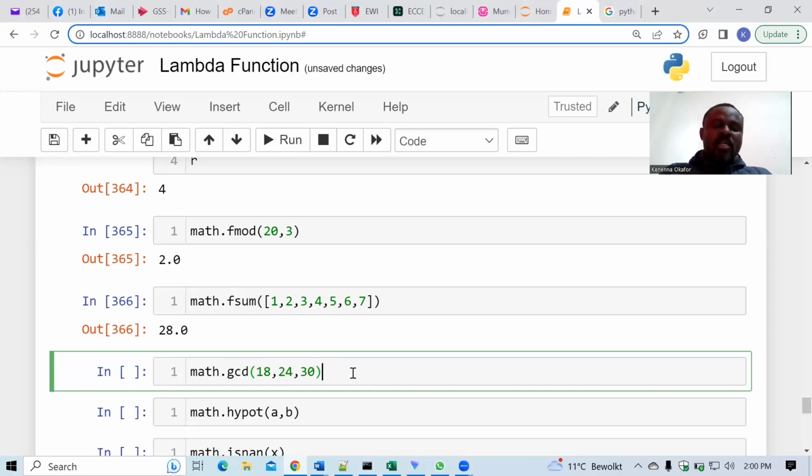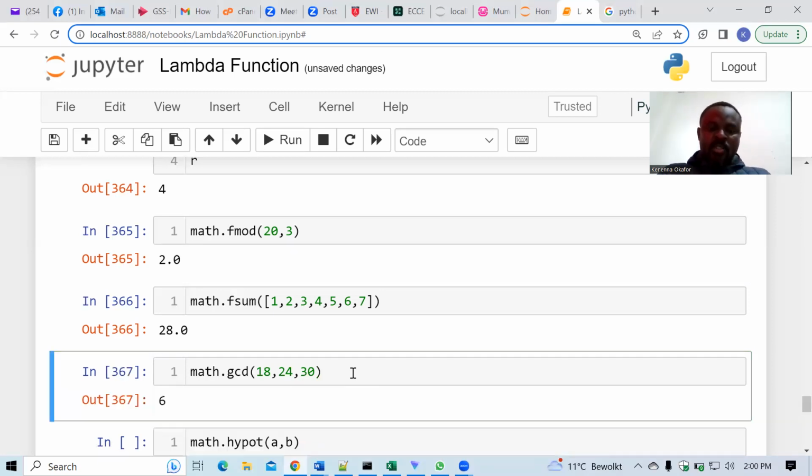So what's the greatest? 2 is a factor, no doubt, but it's not the greatest factor, right? So again, if I take 3, I'll check. Okay, fine. 3 can go in 18 without remainders, can go in 24, can go in 30. But that's also not the greatest factor. And that comes to 6, right? So let's see if 6 is actually the answer. So 6. All right. So guys, we see it's good.